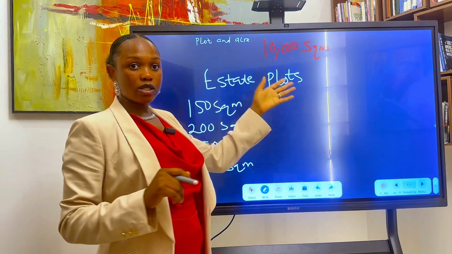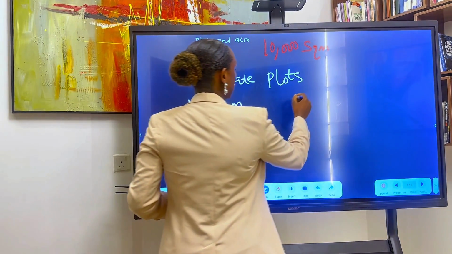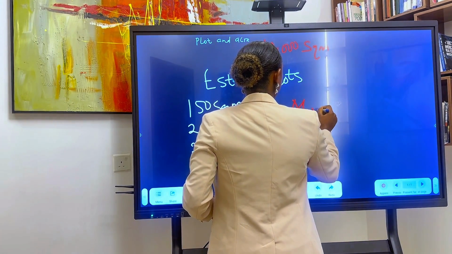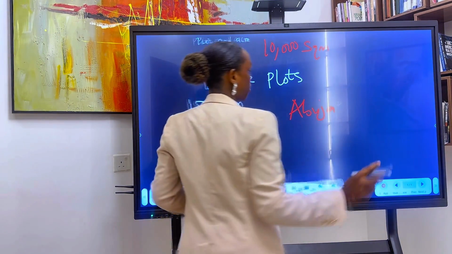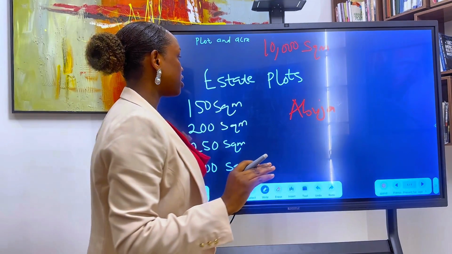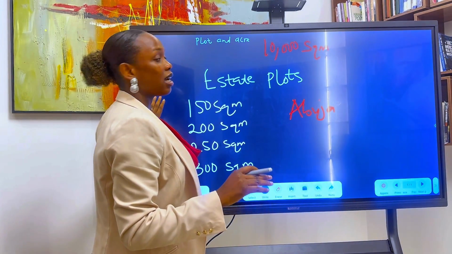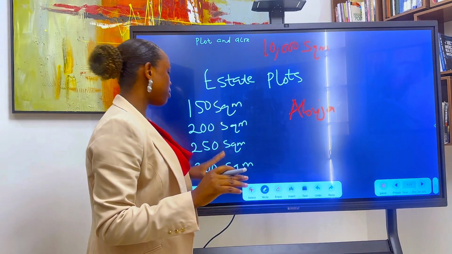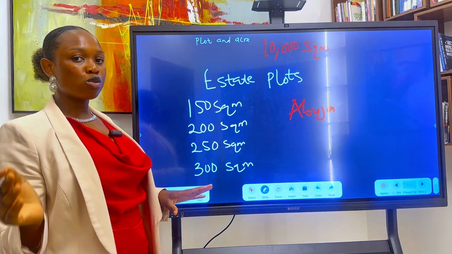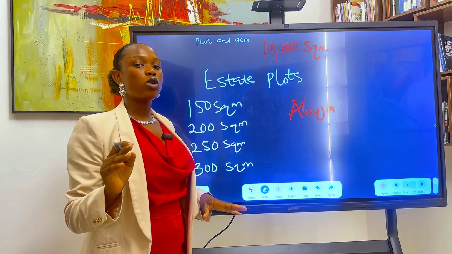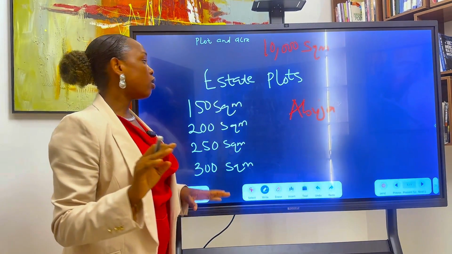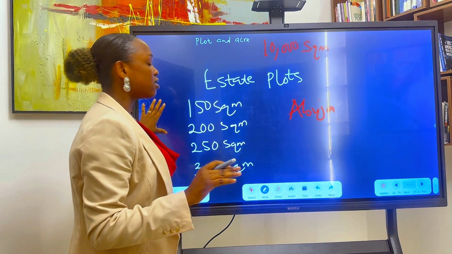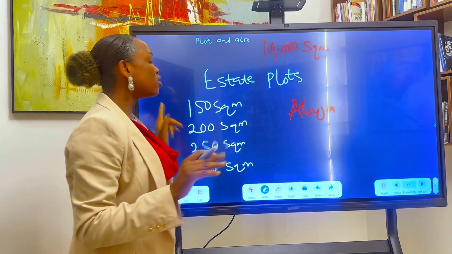Let's say estate plots in Abuja. Because right now I'm in Abuja, so I could explain better with Abuja. Like I said earlier, we have 150 square meters to 1,000 square meters, depending on what you are building. And also, most of the times, the developers allocate plots based on design.